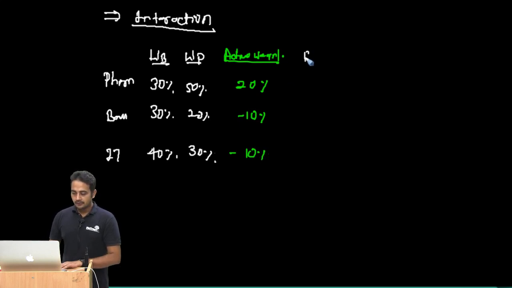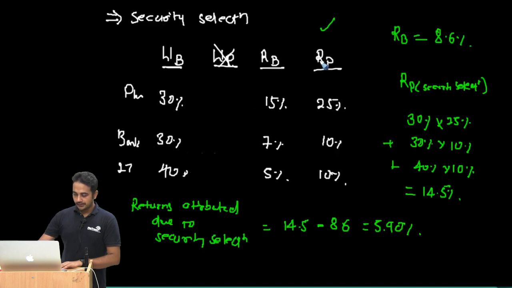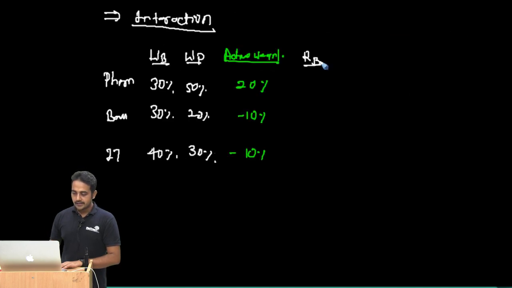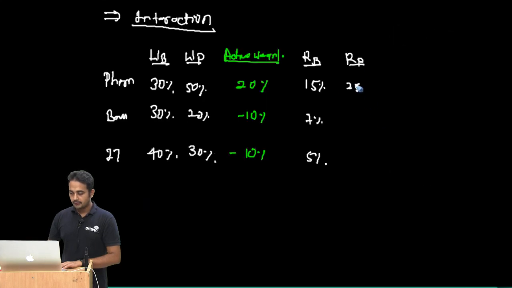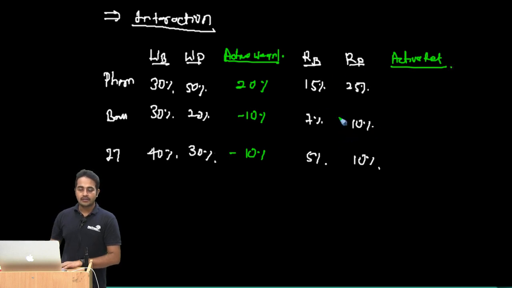In the same fashion, return on the benchmark, 15, 7, 5, and return on the portfolio, 25, 10, 10, and immediately I'm going to calculate the active return on each of the sectors.